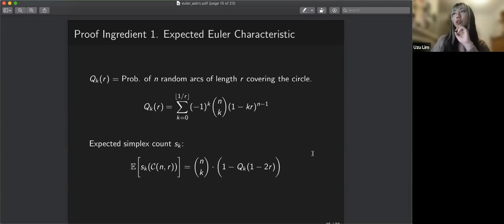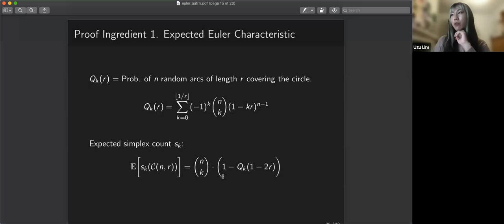And when you take the expectation value, all of the parts from n choose k separate into separate pieces. So you're just doing n choose k times the probability that k arcs intersect non-trivially.